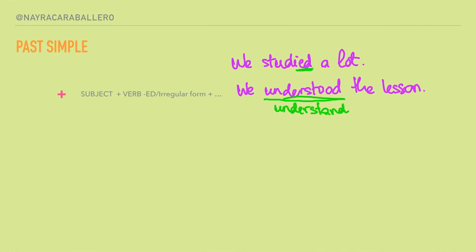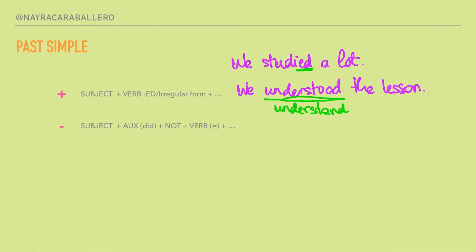In the case we want to say it in negative, we just add an auxiliary verb. In this case, as in the present tense we had do or does as auxiliary verb, now in the past tense we use do, but in its past form. So instead of do, it will be did, okay? Did plus not.